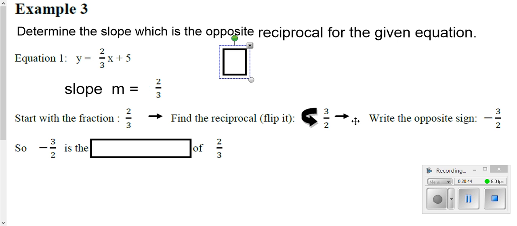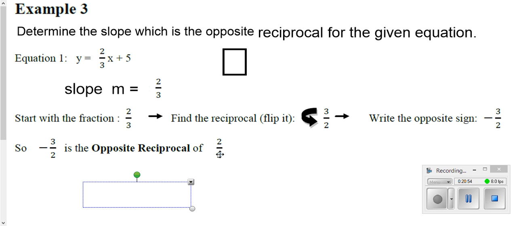We flipped it and then took the opposite sign. And so negative 3/2 is the opposite reciprocal of what we started with, 2/3. If lines had these kinds of slopes, they would be considered perpendicular. It doesn't matter about the y-intercept; it's all about the slope with perpendicular lines.